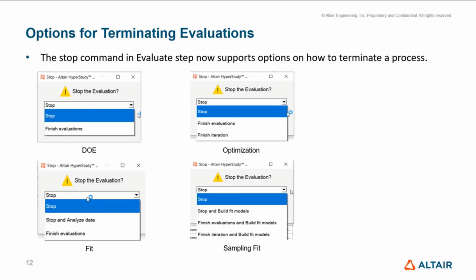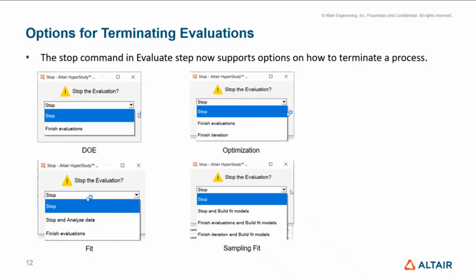For fit, you can again stop, or you can stop and analyze the data, which gives you a fit model with certain diagnostics, or you can wait for the evaluations started by the process. In sampling fit, it's a little more complex.